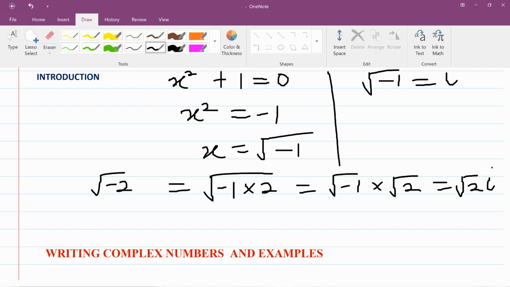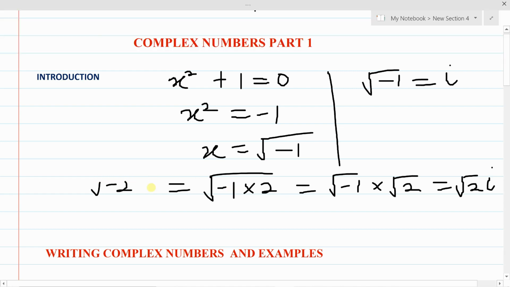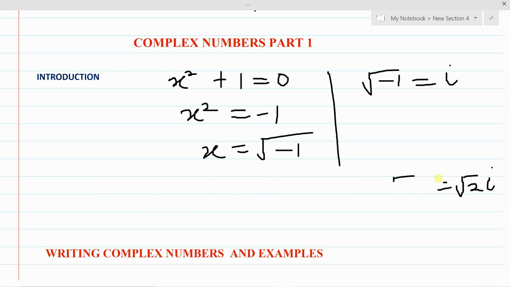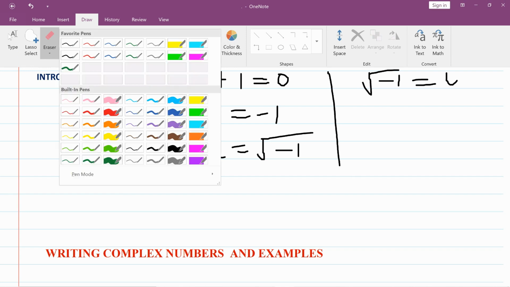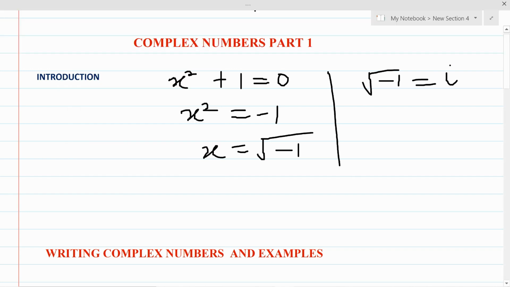This is very simple, right? So let's take other examples and simplify them. The basic thing here is that you are supposed to put in mind that i always represents square root of -1. What if I have square root of -4? This is equal to, from the definition that I did, square root of -1 times 4.